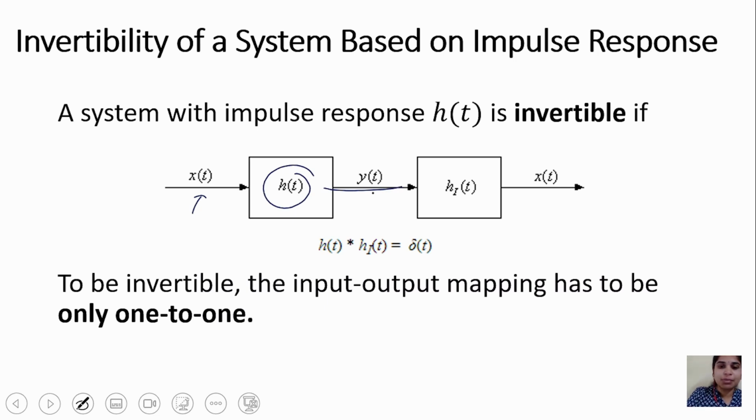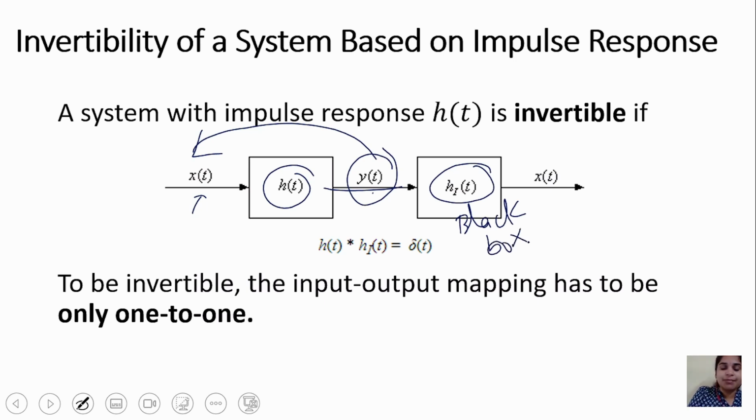Now we should be able to find a system to invert this y of t back to x of t. That system should follow this criterion: h of t convolved with hi of t should be delta of t. Only if this condition is satisfied will we get x of t in the output of the second system.